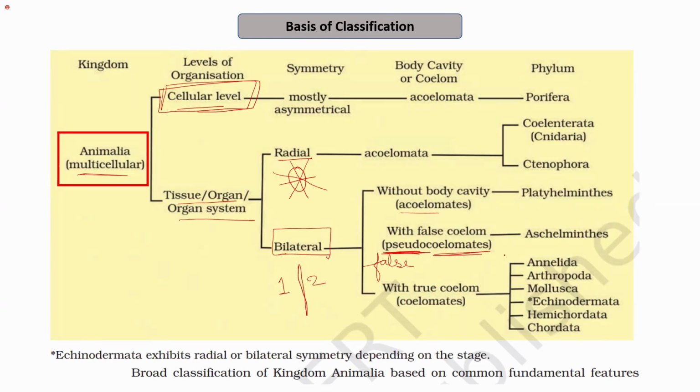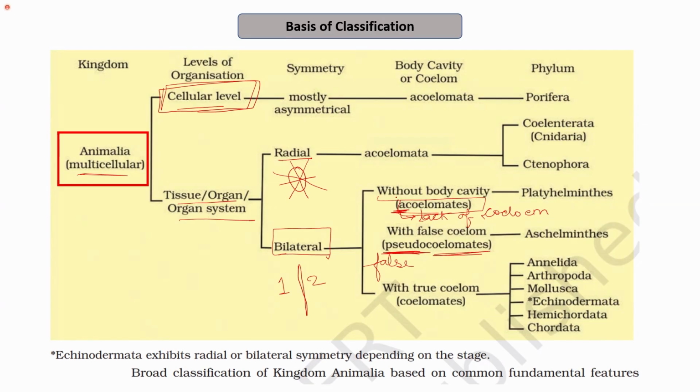And the prefix a represents the lack of something, so since it is acoelomate, this means the lack of coelom.